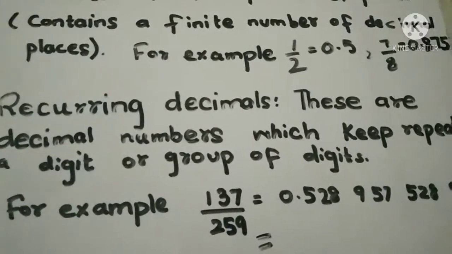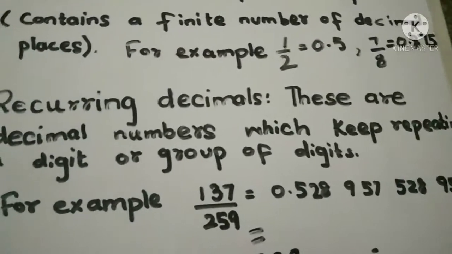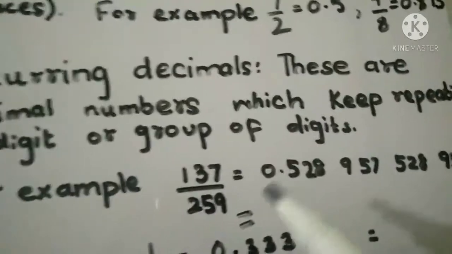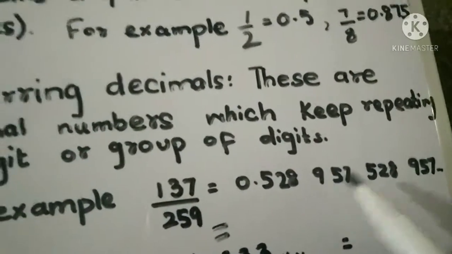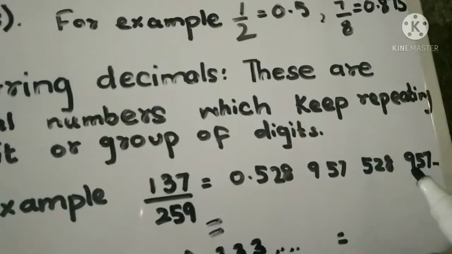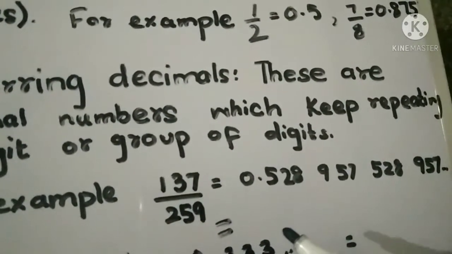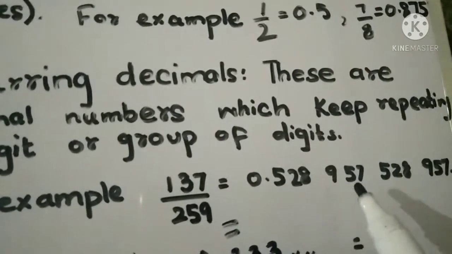Recurring decimals. These are the decimal numbers which keep repeating a digit or group of digits. For example, 137 divided by 259 is equal to 0.528957528957 and so on. There is a repeated pattern of 528 and 957.